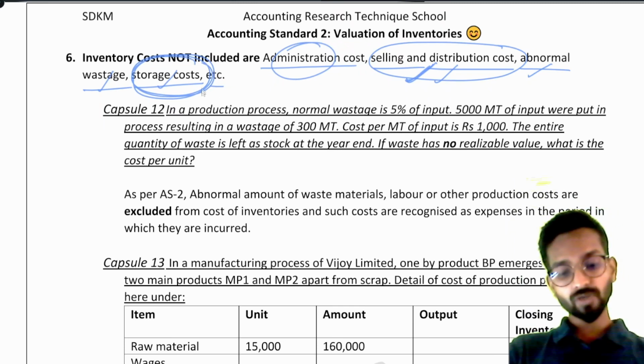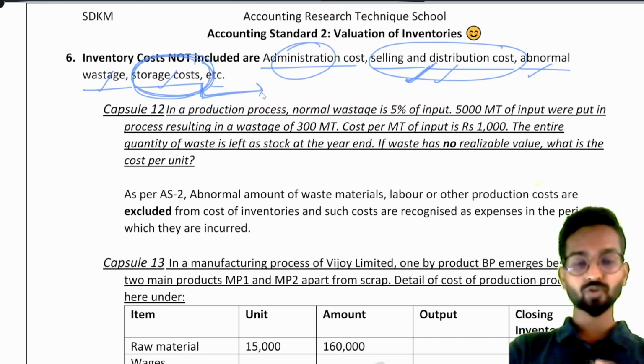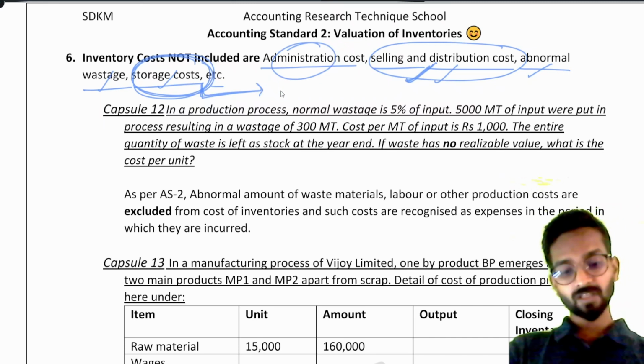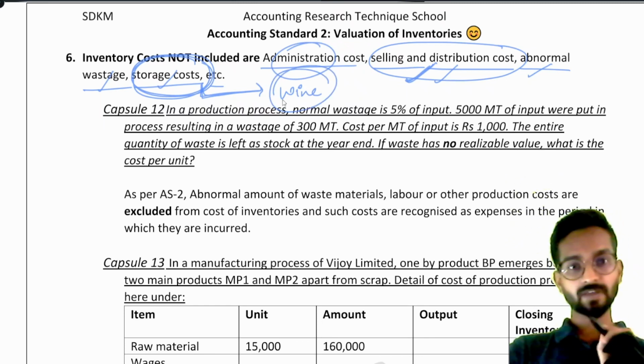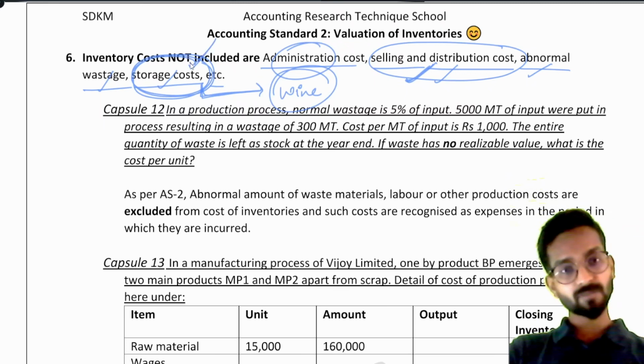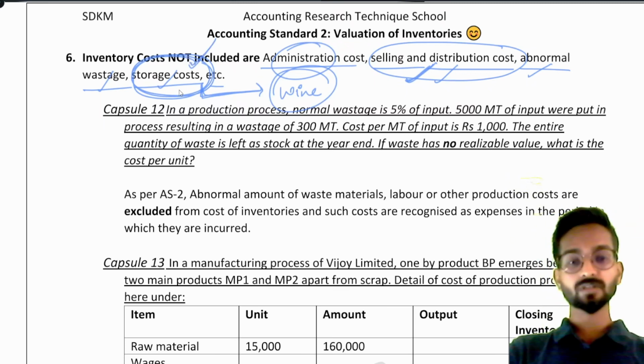If storage cost is important to store our product to make it better, for example, if you are in the wine business, you are supposed to keep your product for 3-4 years, 5 years, then storage cost becomes important and it will be added in the valuation of inventory. But if you are producing shirts, t-shirts, storage is not important, okay.